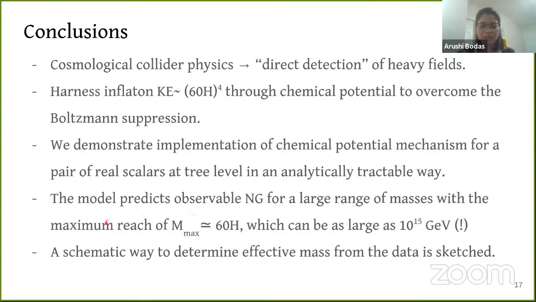The masses that we would have sensitivity to can be as large as 60 Hubble, based on the value of the chemical potential, which is really large, like 10 to the power 15 GeV. So it's truly a high energy kind of collider. And I've also sketched out schematically in the end how to effectively extract the mass of this heavy field from the data.